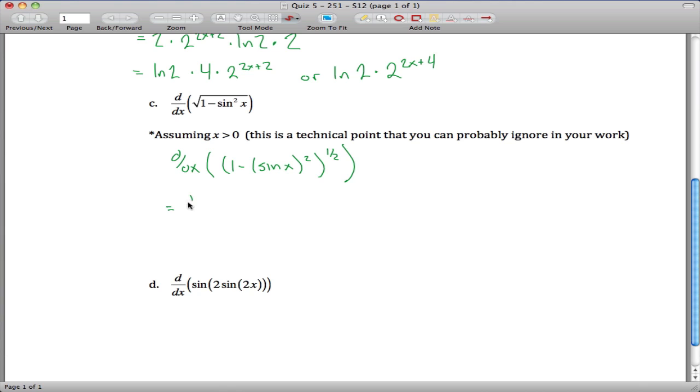First take care of the 1/2. So 1/2 times 1 minus sine of x squared to the negative 1/2 times the derivative of all the stuff that was in the inside there. 1 minus sine of x squared.